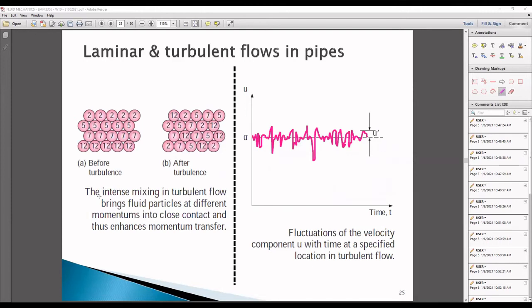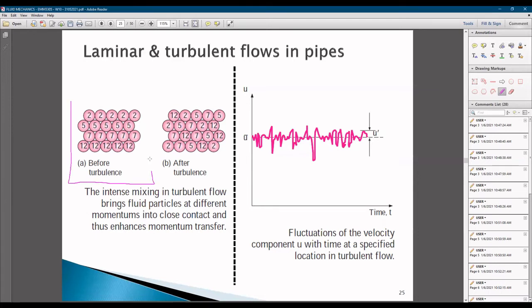Okay, so here you can see before turbulence, and this one is after turbulence. What is the difference? On this part, as you can see on the top here, all is with number 2, and next is number 5, number 7, and the last row is number 12.